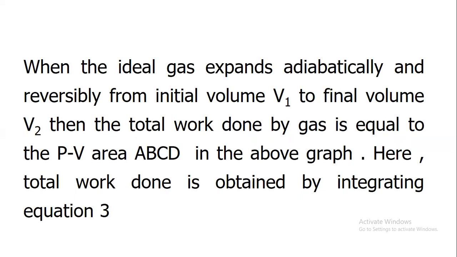When the ideal gas expands adiabatically and reversibly from initial volume V1 to final volume V2, then the total work done by the gas is equal to the PV area ABCD in the above graph. Here the total work done is obtained by integrating equation 3.